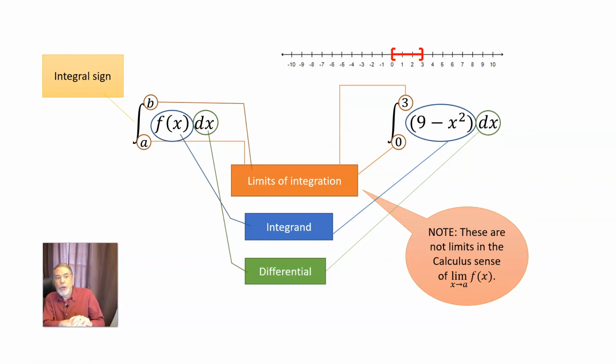Every integral should have a differential at the end, kind of like every sentence has a punctuation mark, a period or something at the end. The variable here, the dx, should match the variable in the function. So you might have a function of t, like 9 minus t squared, and then you would have a dt at the end.